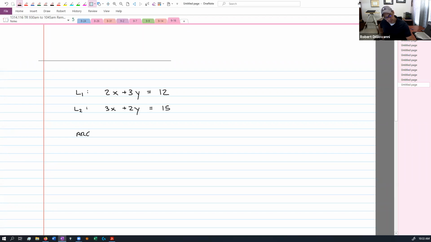Are these parallel, perpendicular (I'm just going to put perp), or neither, which means skew?